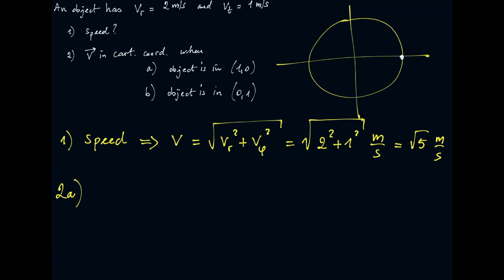So if I'm here and I have a radial velocity of 2 meters per second plus a tangential velocity of 1, it means that my velocity is going in this direction. However, if I'm in this position with, again, a radial velocity of 2 meters per second plus a tangential velocity of 1, okay, now my drawing is not as nice, but the velocity is in a completely different direction.